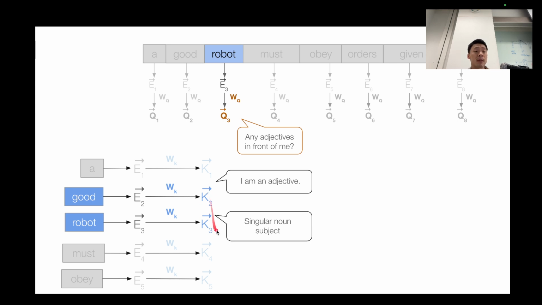But for Q3 and K3, if K3 encodes something like "I am a singular noun object," then it should not match. So Q3·K3 should be small. Again, this is an intuition. It doesn't really work out nicely like this in real life, okay?